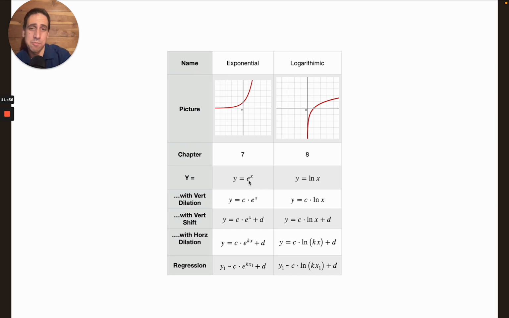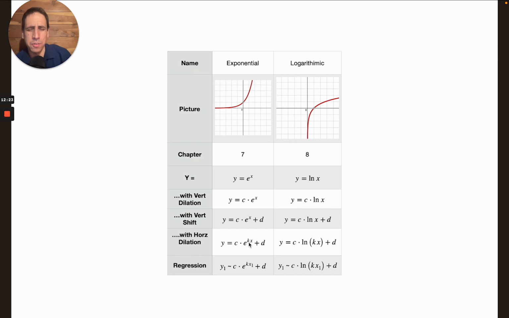But that's just what we're going to do, because the more we do it now, the less awkward it'll feel later. Y equals e to the x, and then with a vertical dilation, you can have c out in front, with multiplication. With a vertical shift, you can have plus d here. And then I'm going to say that you can have a horizontal dilation as well, and I'm going to introduce a k constant here.